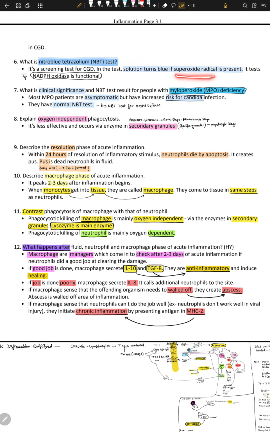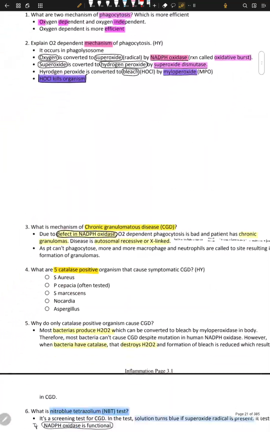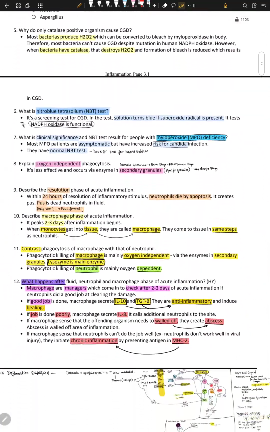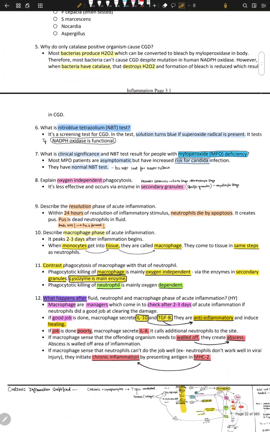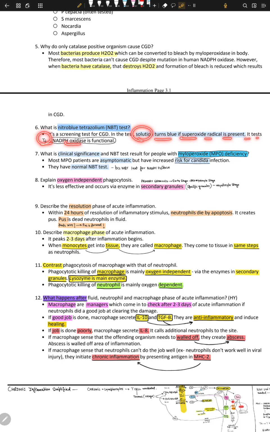So if superoxide is present, it means your NADPH is working nicely, and the solution will turn blue. Okay. So it's the nitro blue test for NADPH, right? The solution turns blue if superoxide radical is present. It tests if NADPH is functional or not.